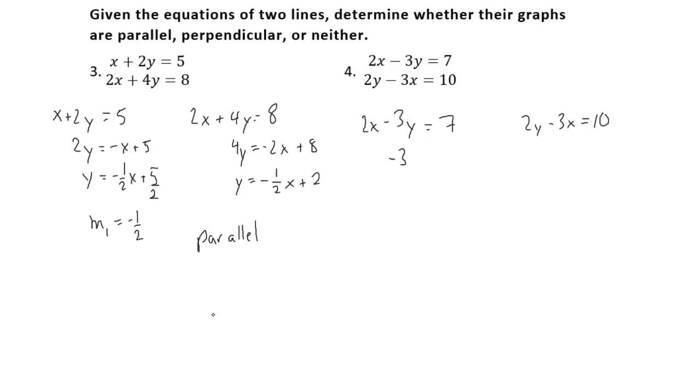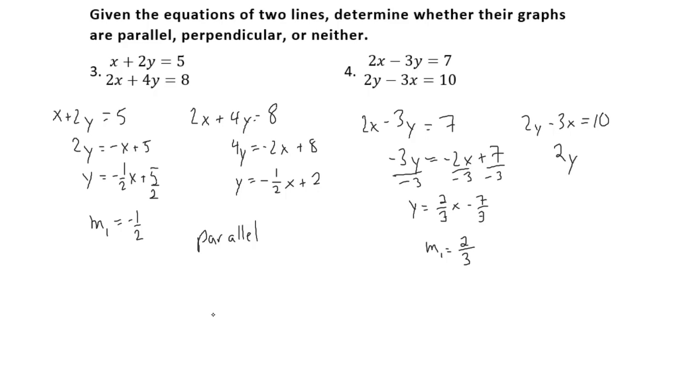So we get negative 3y equals, move the 2x over, negative 2x plus 7, divide by negative 3, and we get y equals 2/3 x minus 7/3. And so here we can see that the slope is 2/3.